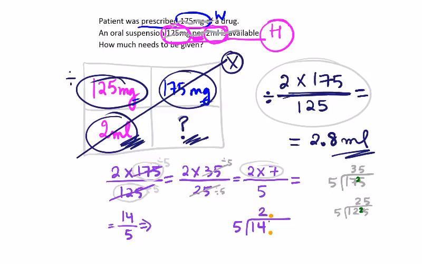So we have 4 left. We can add extra zeros here. 5 into 40, 8 times. So final answer, 2.8. And again, I always have to go back and check where in the box that quantity, that is the answer, is, to make sure it matches the original unit. 2.8 milliliters.